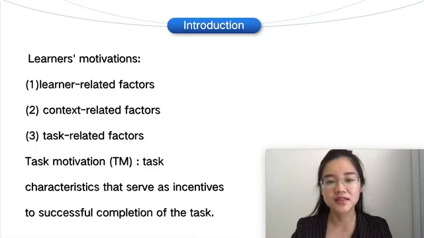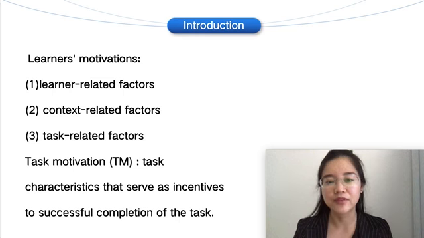Actually, prior studies have shown the positive effects of learners' motivation on their language learning. There are three main types of motivation. They include learner-related factors, context-related factors, such as the interaction between teachers and students or the environment of the classroom, and the third type, task-related factors.